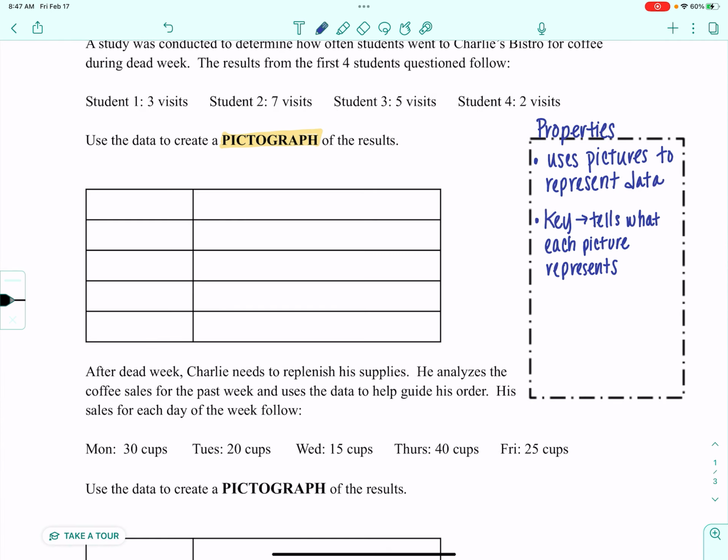So maybe each picture represents 2 soccer goals, or each little drop of water represents an inch of rainfall.